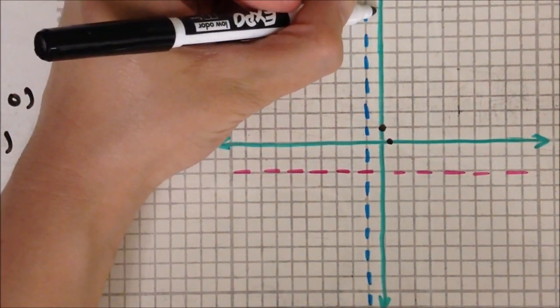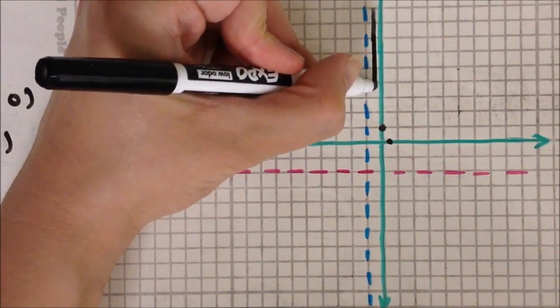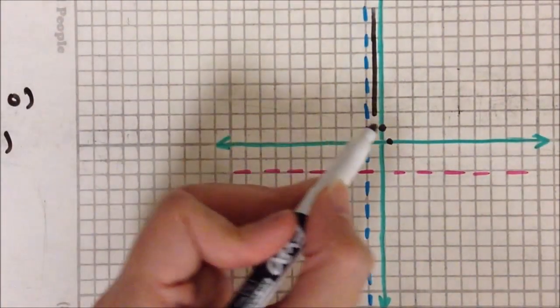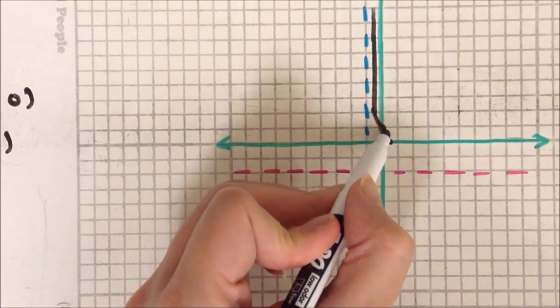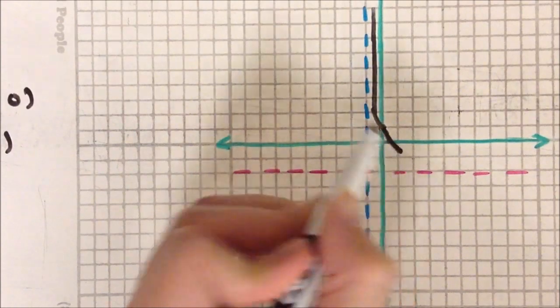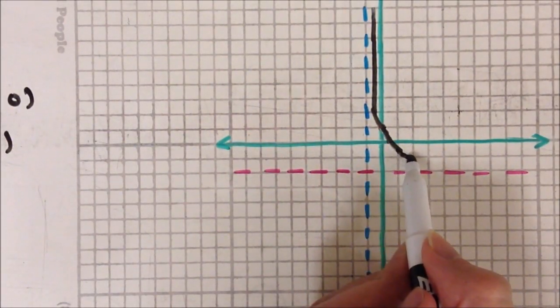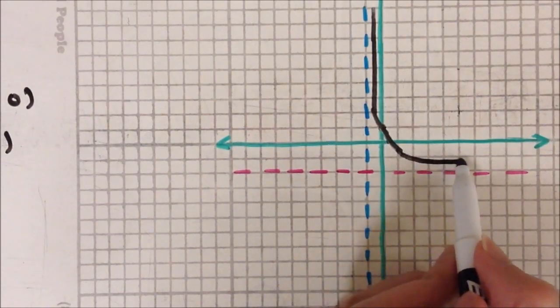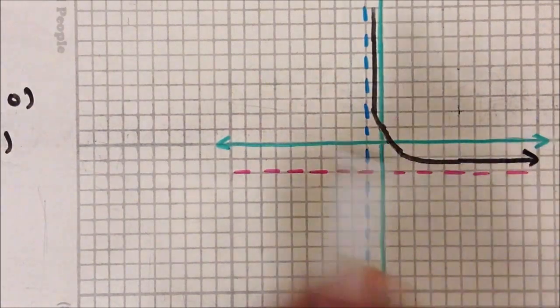So I'm going to start right here, going along the vertical asymptote. As I approach the y-intercept, I'm going to start curving, going to the y and then going to the x-intercept. Then I'm going to approach the horizontal asymptote, so I'm going to go along with it, but I'm not going to cross nor touch it. So there's my graph.